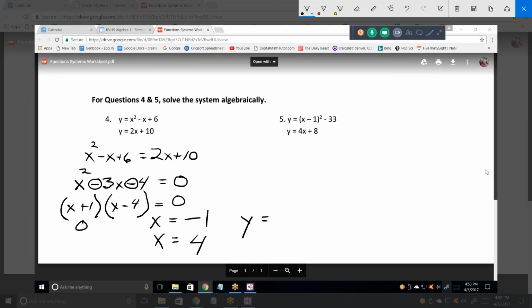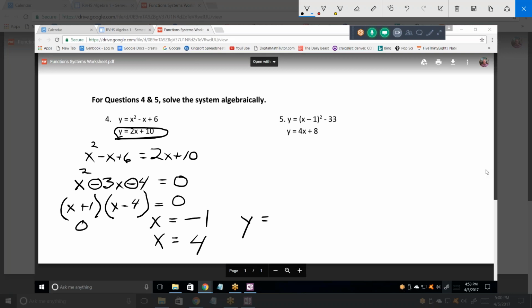X is minus 1. Y would equal 0. And to this function, plug an x of minus 1 and tell me what you get for y. To this one that I'm circling. Plug in an x of minus 1 and solve for y.